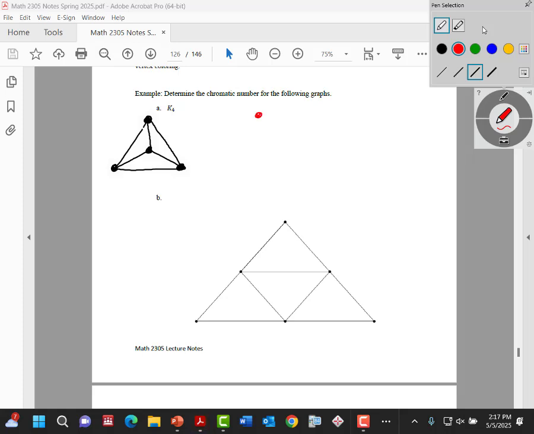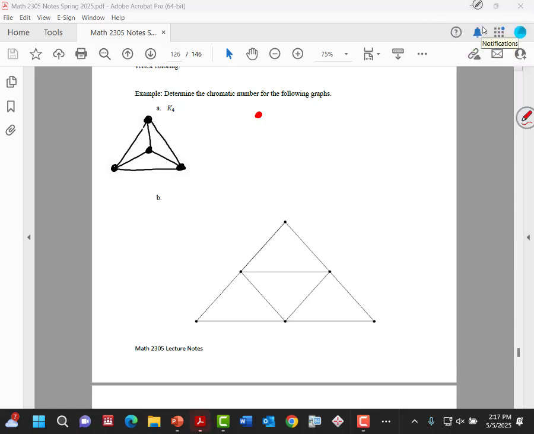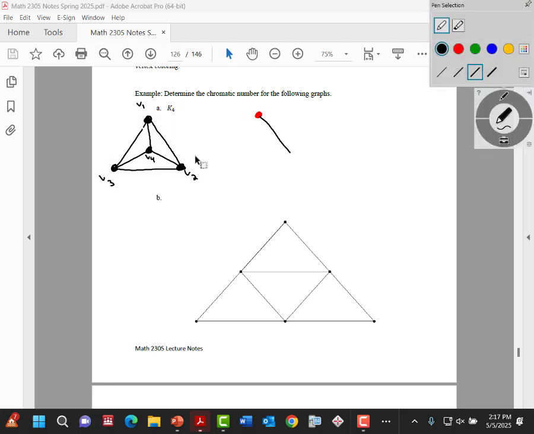So here is this first vertex. Now, what I have to do is I'm now going to go to another vertex. Let me just label these V1, V2, V3, and V4. Now, I cannot color V2 the same color that I did V1.